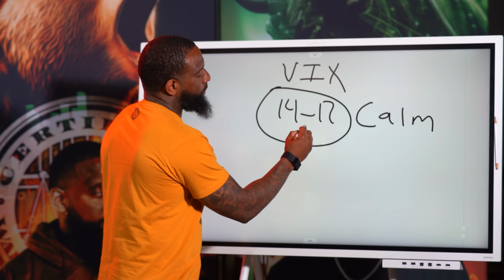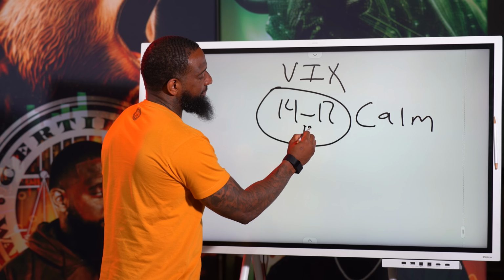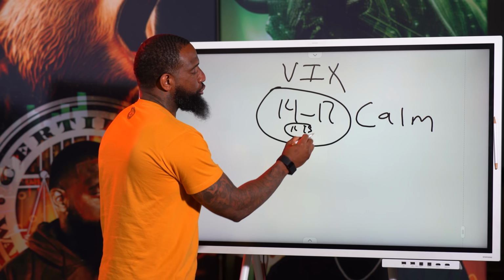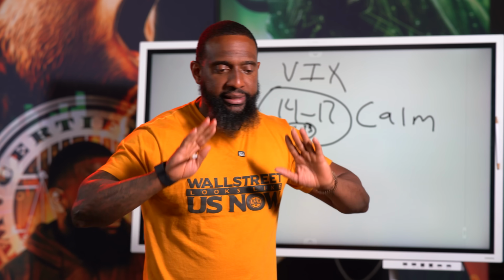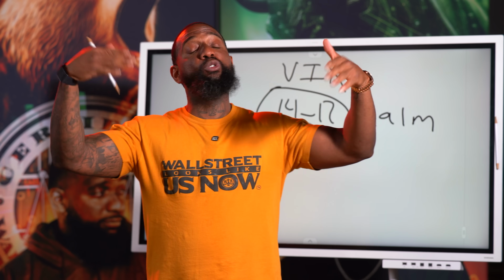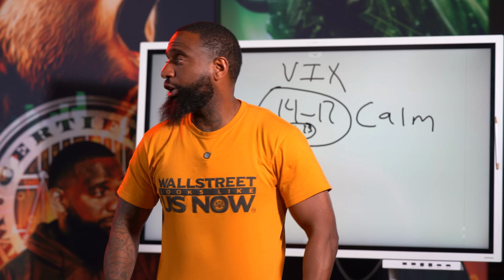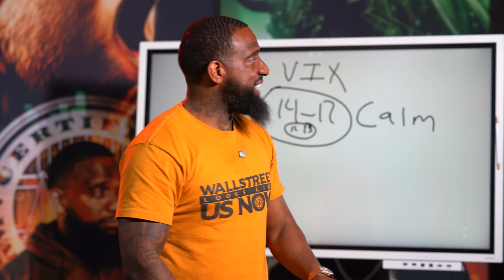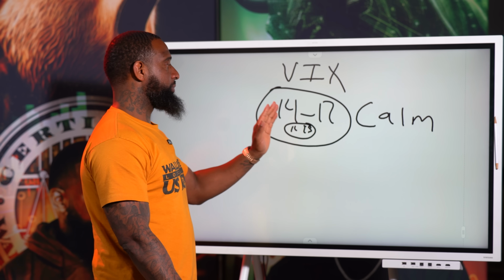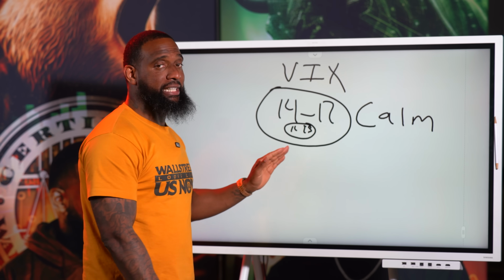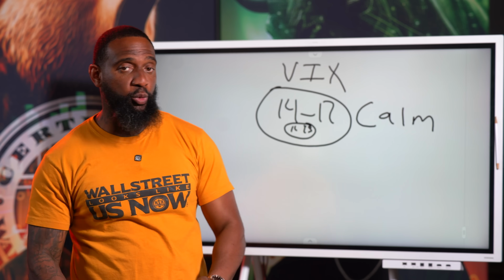Now, if it's somewhere between here, like 15, 14, you're probably seeing a lot of green in the market, right? Because that means the sentiment is good, whatever the news is going on in the market, earnings maybe really good, somebody is saying something to calm the market. If it's between 14 and 17, that's the normal range, but 15, 14, 13, you know the market is just in a sweet place.